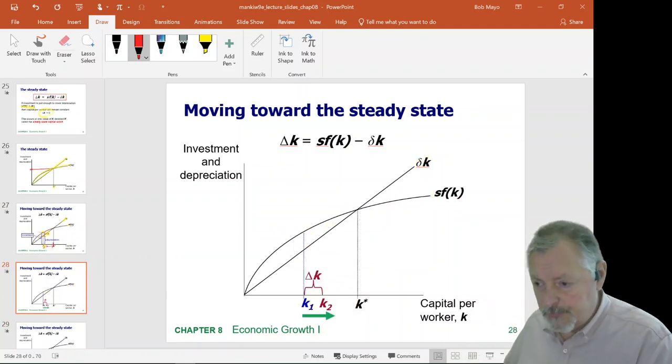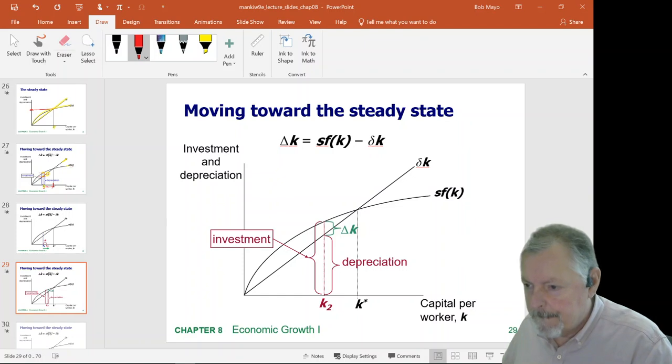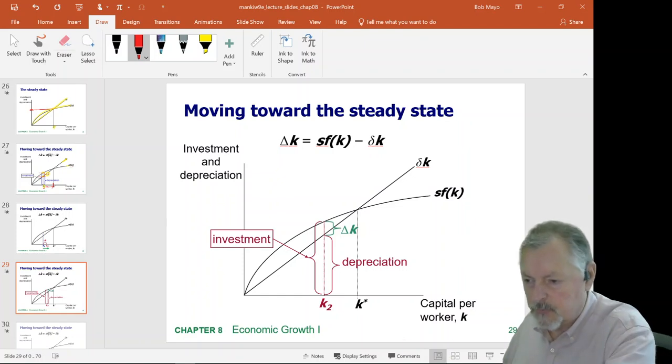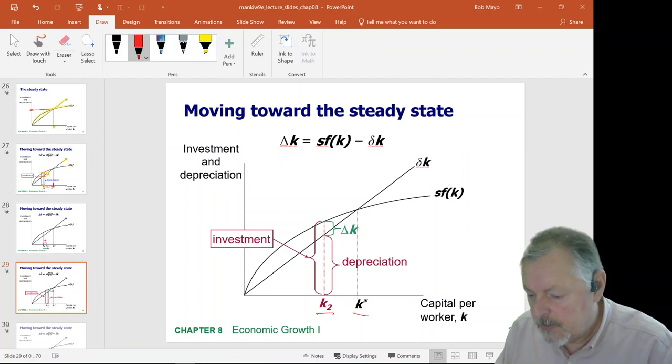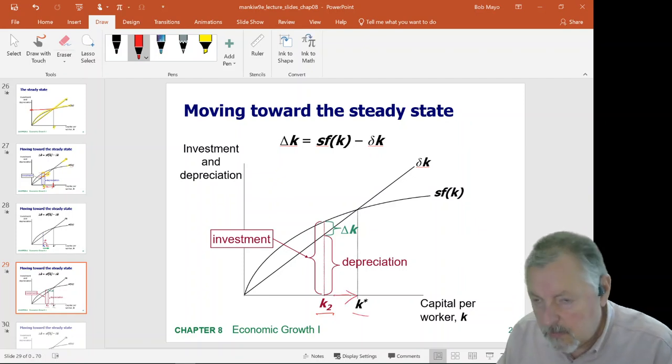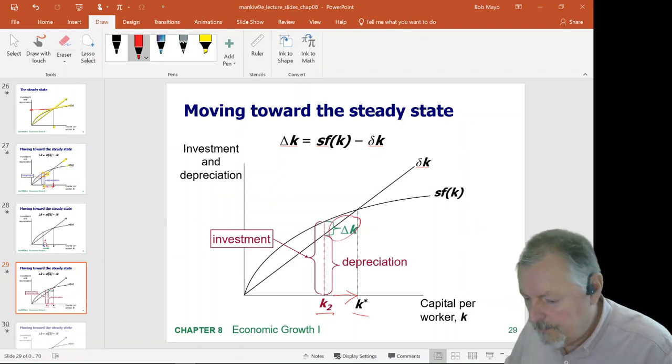And there's what I just drew. And the process repeats in the next time period. You still have less than the steady state level, so you're going to gain more again, that much.